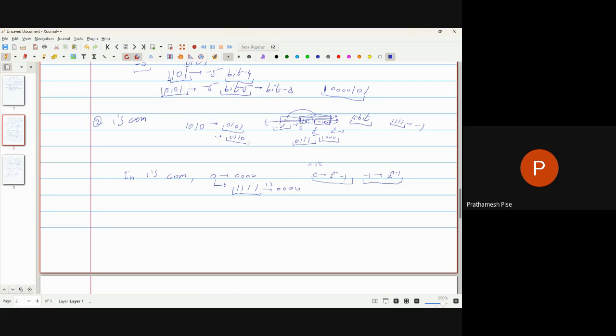And in 1's complement it is from 0 to 2 raised to n minus 1, minus 1, the same thing that is here, just flipped in sign. So any doubt in range, because range is very important. Most people make mistakes in range.